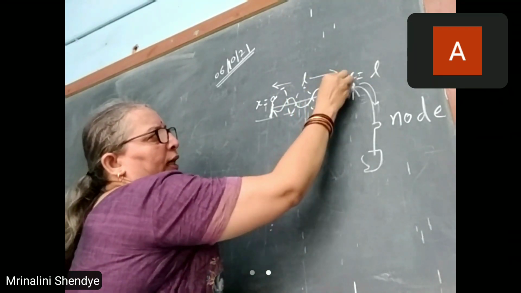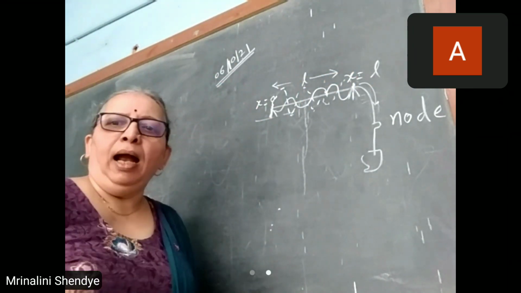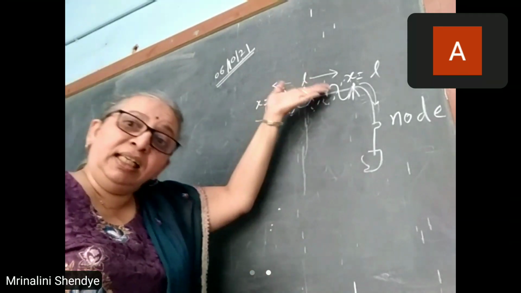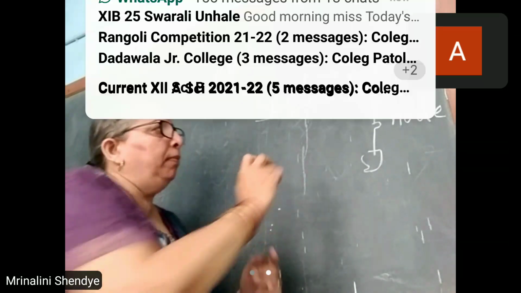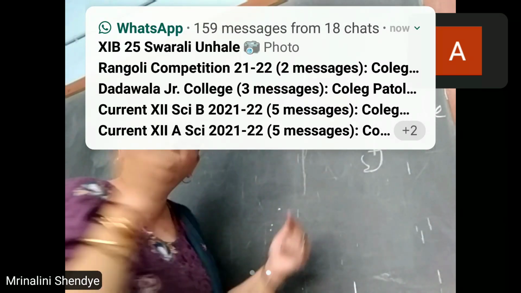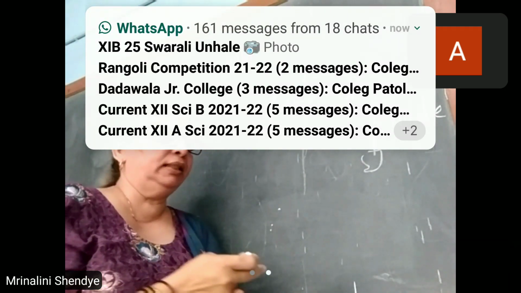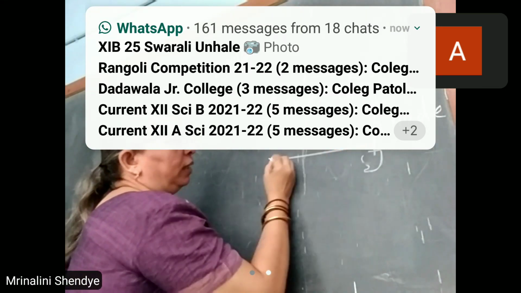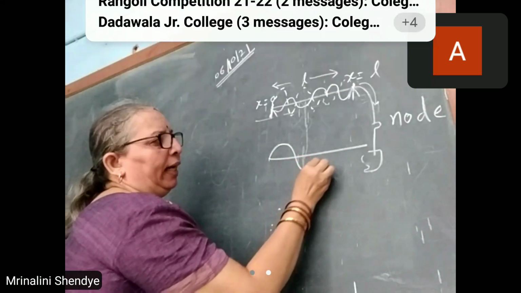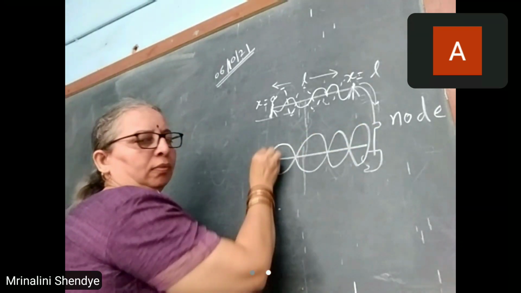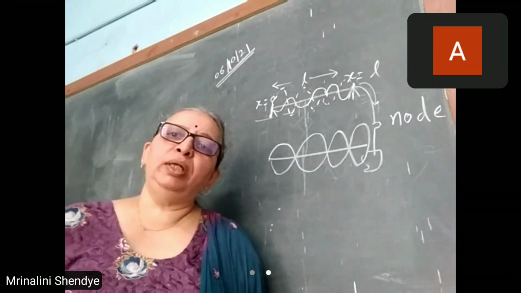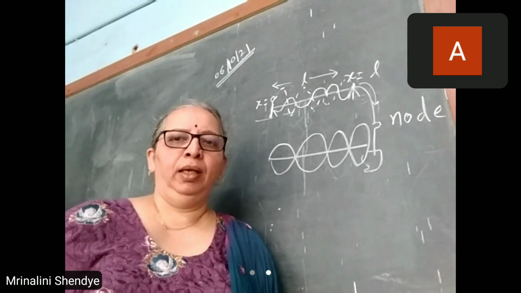The incident wave and its reflection will be in the same medium along the same line, only in opposite directions. So on the length of the string, you will get the appearance of loops. We see such loops.